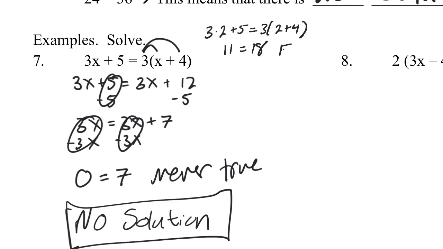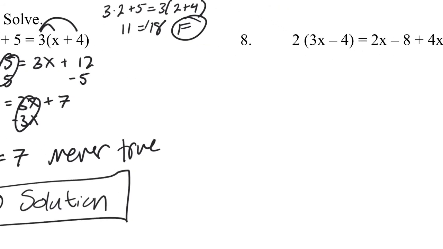Not true. Does not work. Now, that's not a strategy to solve these. It's just taking a look at it, I picked a number, I couldn't plug it in, and I said that there were no solutions to begin with.